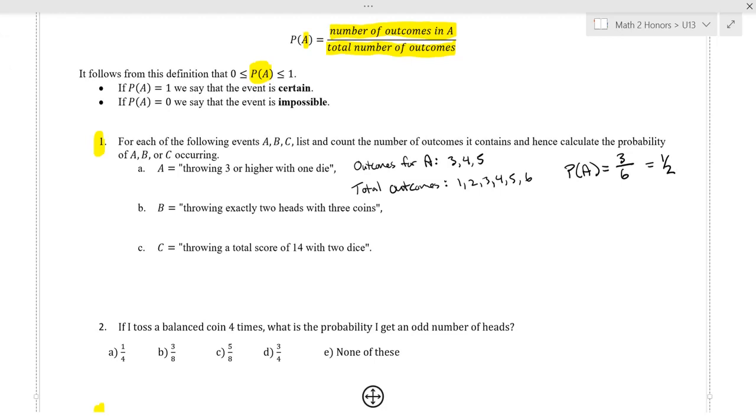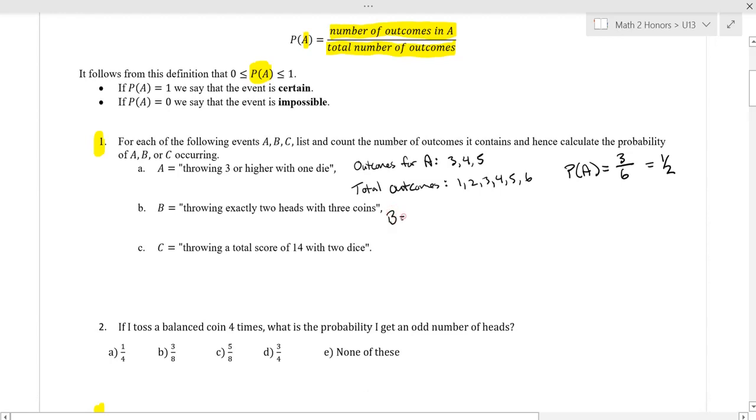Throwing exactly 2 heads with 3 coins. So if I have 3 coins, for B, I'm going to write it a little differently now. Possible outcomes would be heads, heads, tails, because I want exactly 2 heads, or heads, tails, heads, or, oops, didn't want to close that.